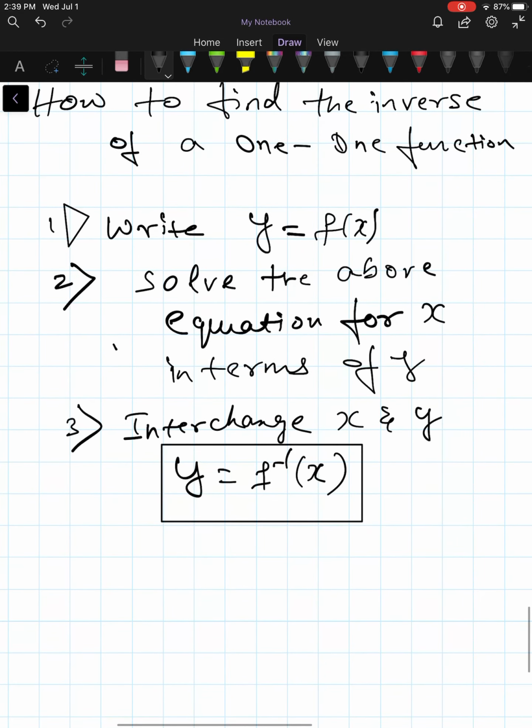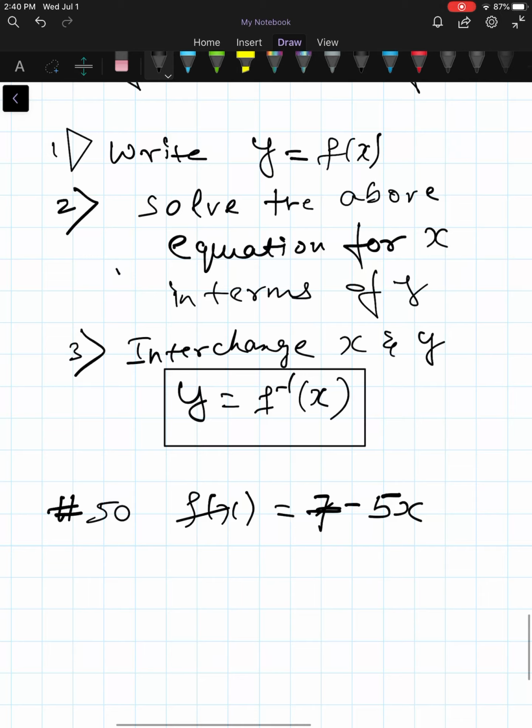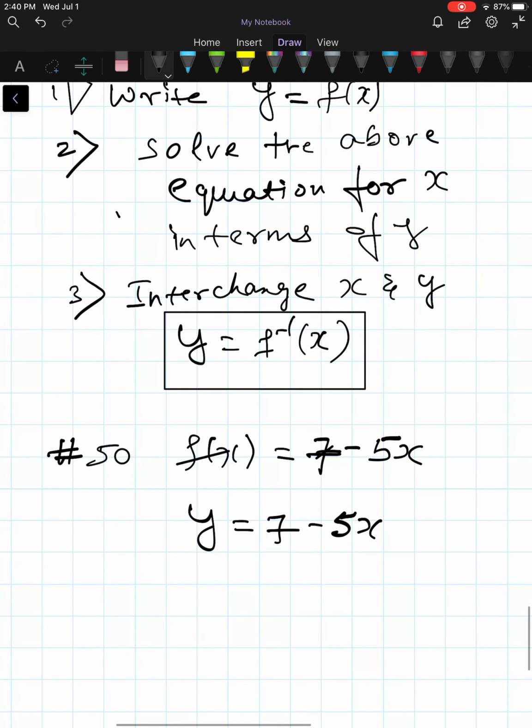This is problem number 50 in the book. You are given the function f of x is equal to 7 minus 5x. Okay, what is the first step? We have to write y is equal to f of x, right? So write y is equal to 7 minus 5x. Then solve the equation for x.